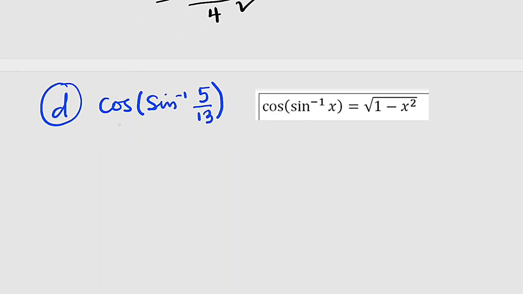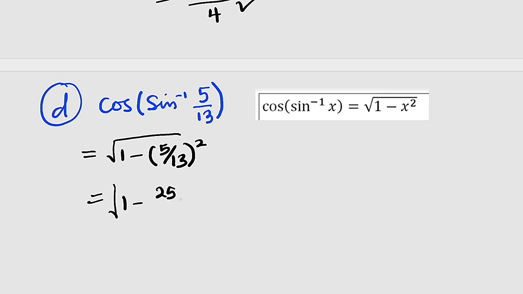Let's move on to the next one. We would like to find the cosine of sine inverse of 5 divided by 13. This is not a special angle as well. So we use the formula for cosine of sine inverse of x, for which x is 5 divided by 13. This is equal to the square root of 1 minus 5 over 13 squared, which is the square root of 1 minus 25 divided by 169.